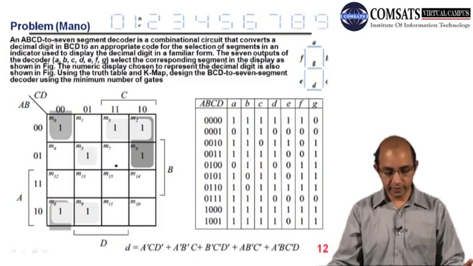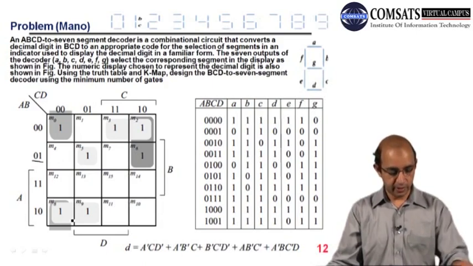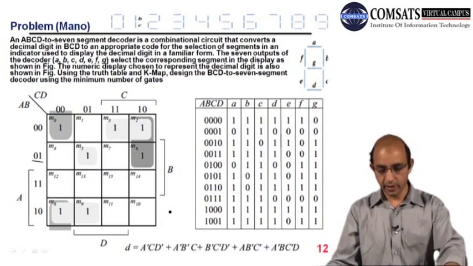So as a result of this single one, I will be having A bar B, C bar D. If you look here, we have A bar B and C bar D. So as a result of other three pairs, I will be having 1, 2, 3, 4. So we have four pairs, and I will be having three literal terms against those four pairs.